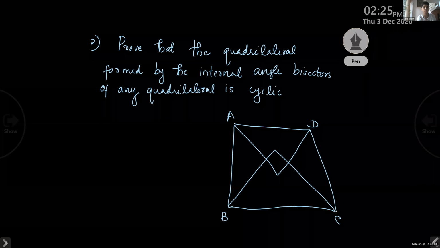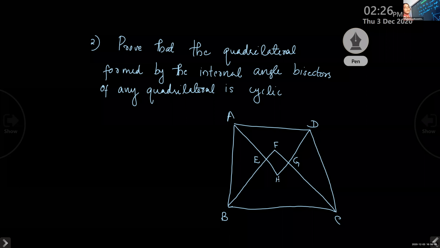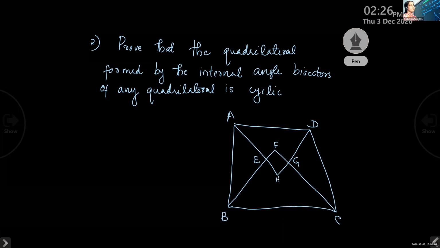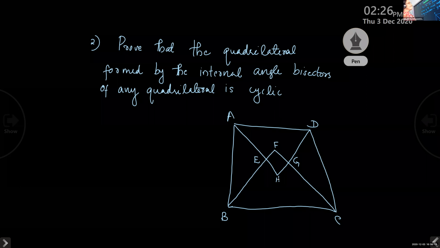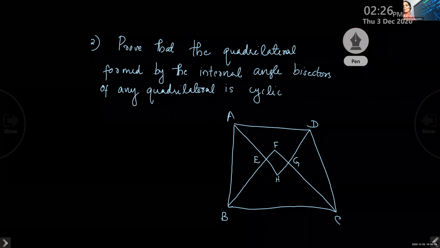Name the internal bisectors, and one small quadrilateral, its name is EFGH. Okay, children, this is our figure.